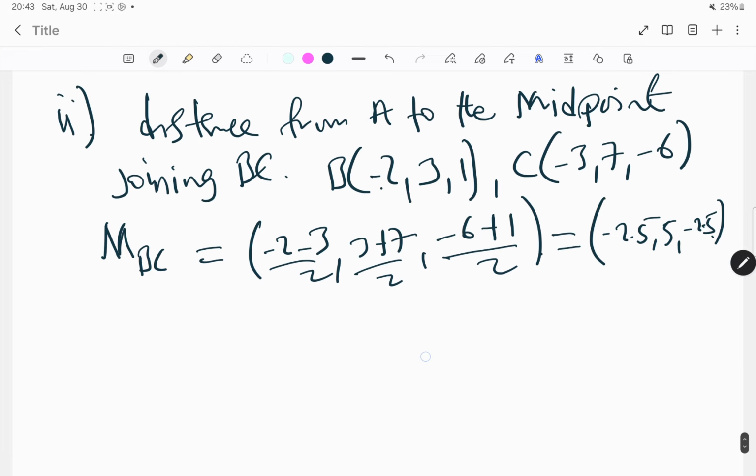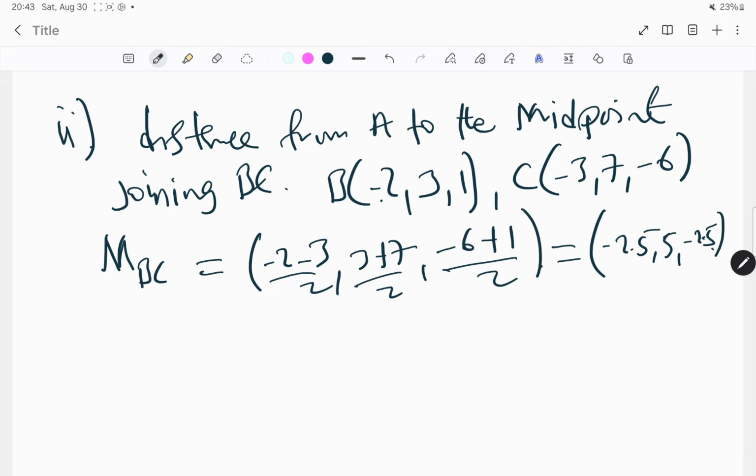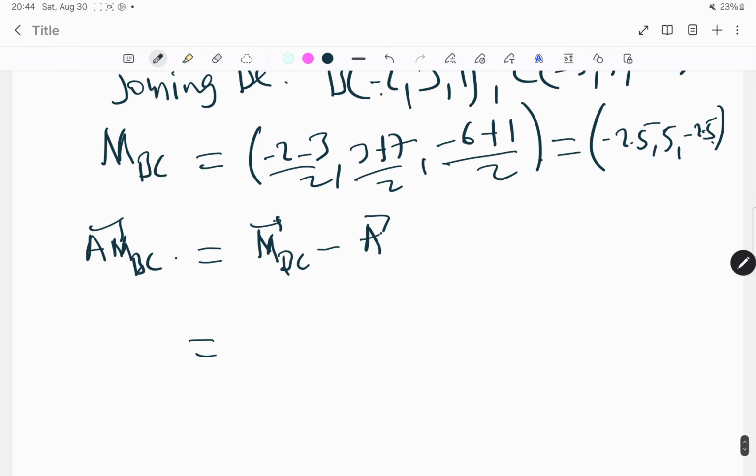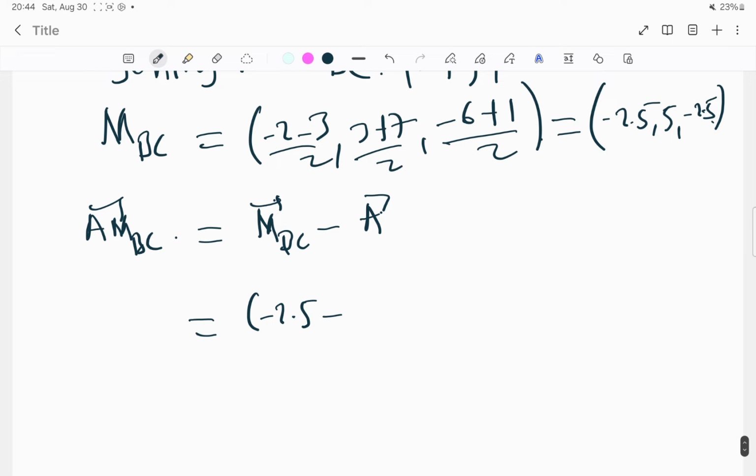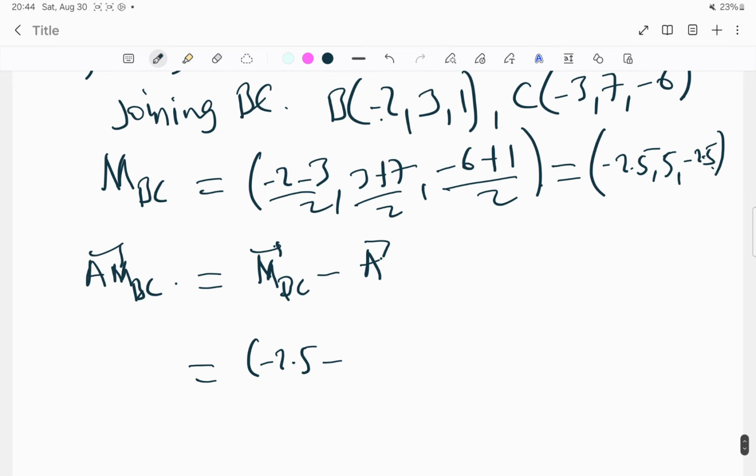The distance from A to this midpoint, starting from A, so I have the distance vector, the vector of my midpoint BC minus vector A. I have -2.5 minus vector A, and you know the coordinates of A: I have -4 along x.